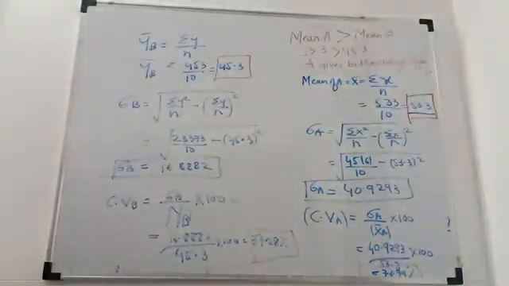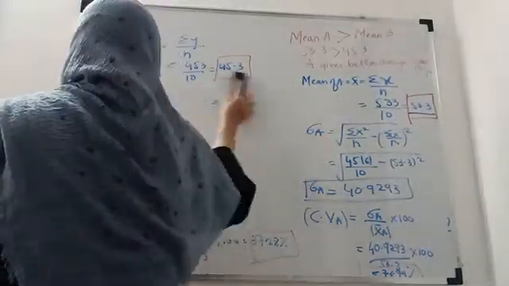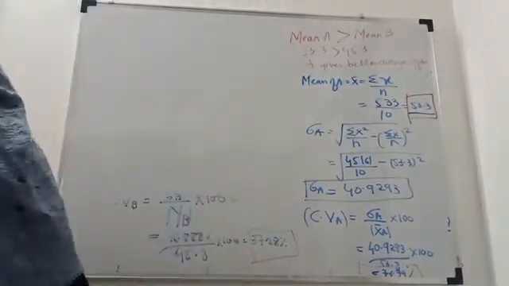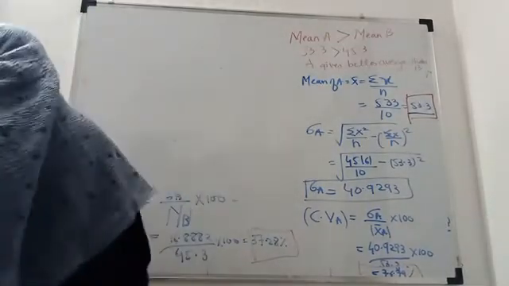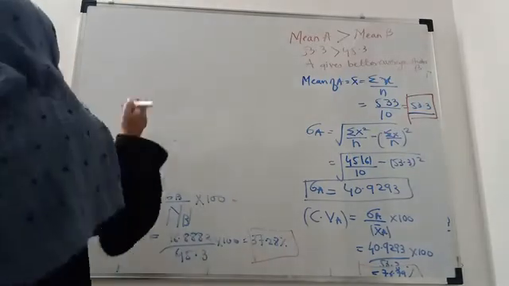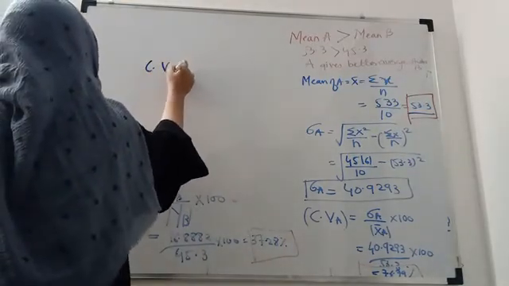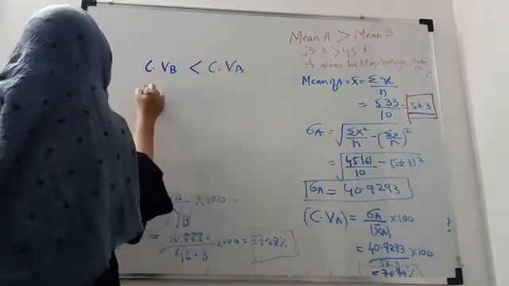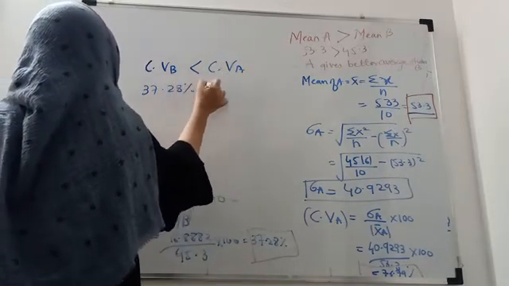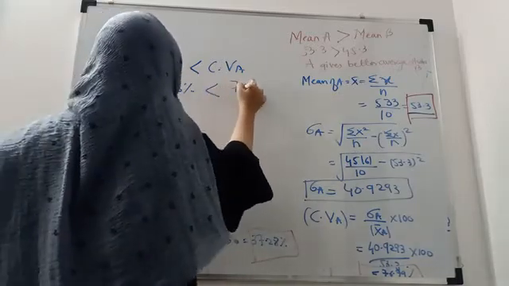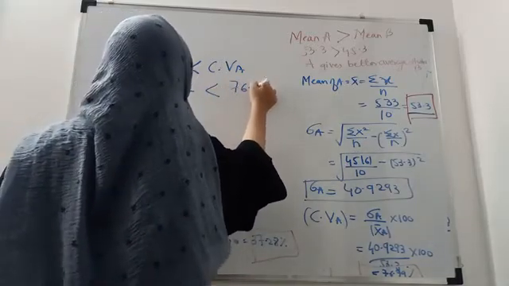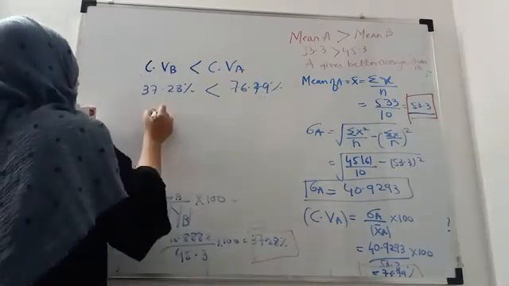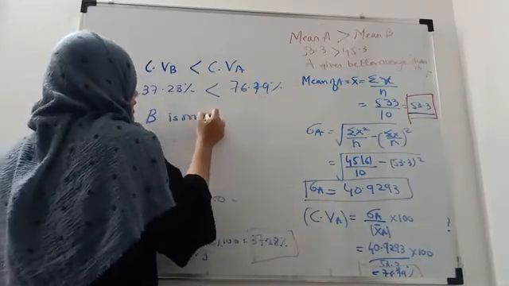So here we will write down: since the coefficient of variation of B is less than the coefficient of variation of A, that is, 37.28% is less than 76.79%, therefore B is more consistent.